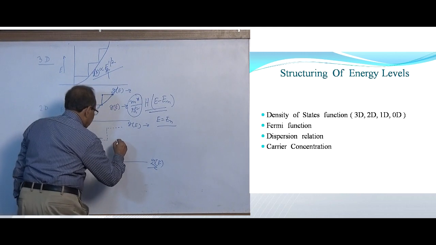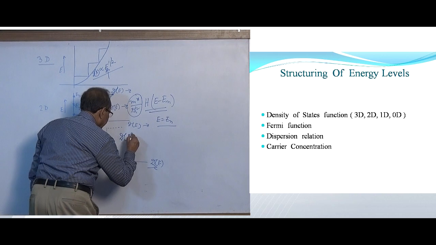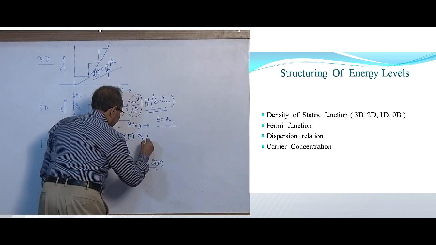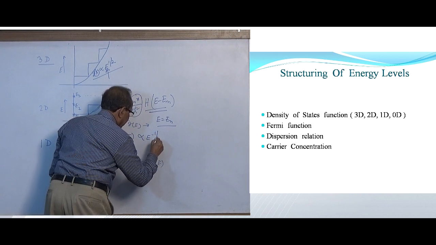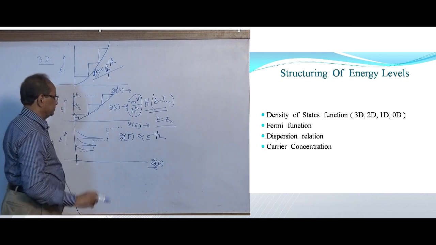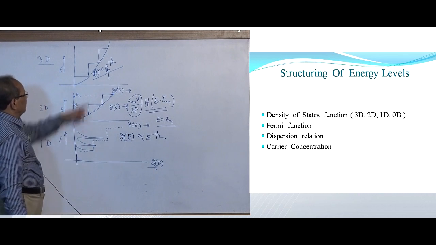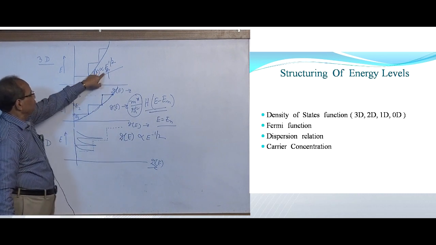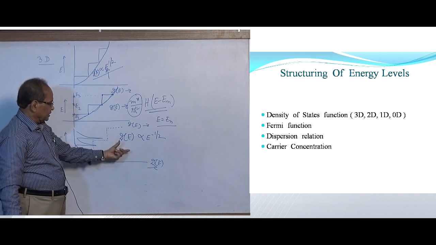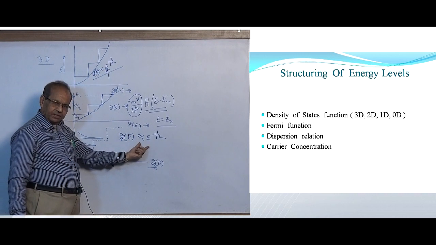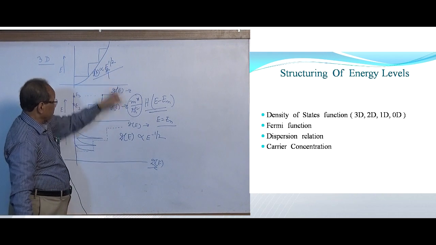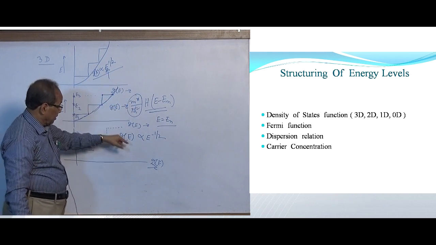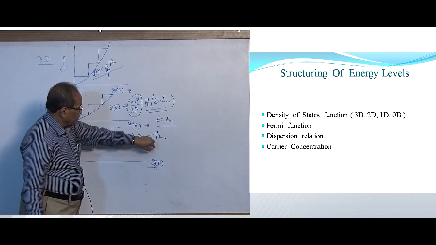Here the density of states is varying with E to the power minus half. Here, density of states in 3D is E to the power plus half. Here the density of states equals a constant times E to the power minus half.